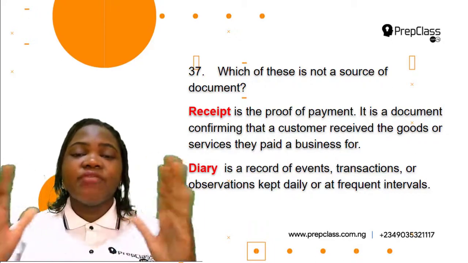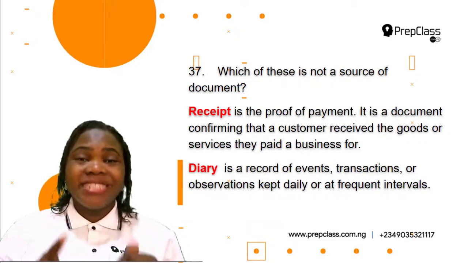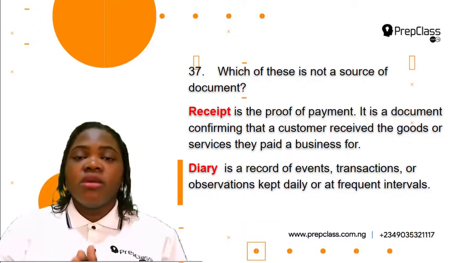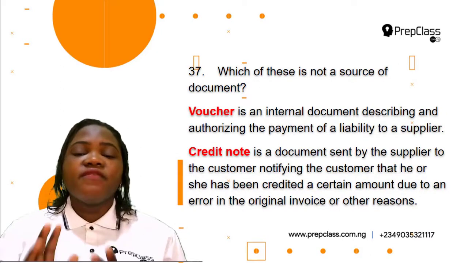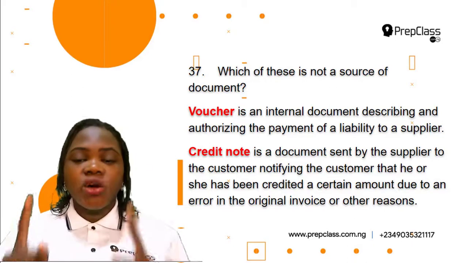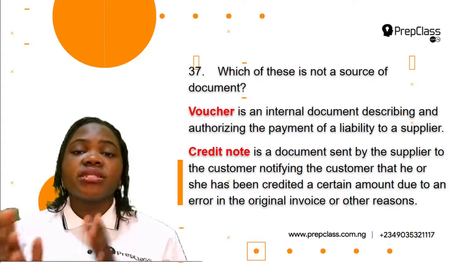A diary is a record of events, transactions, or observations kept daily or at frequent intervals, maybe over a period of time. All right, so voucher. A voucher is an internal document describing and authorizing the payment of a liability to a supplier.